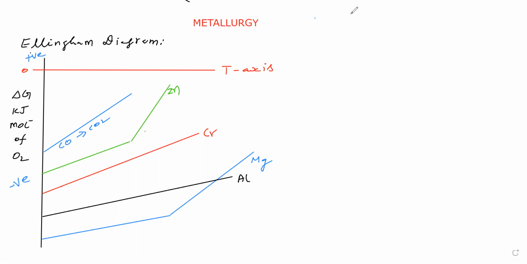Next we will see the iron graph, iron into iron oxide, Fe into FeO graph.